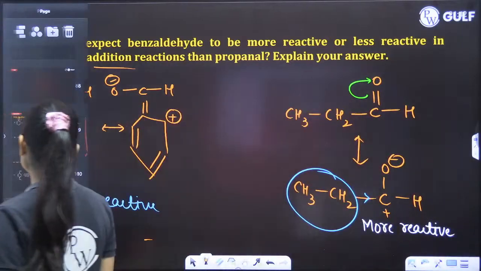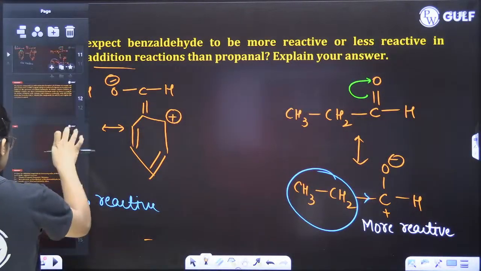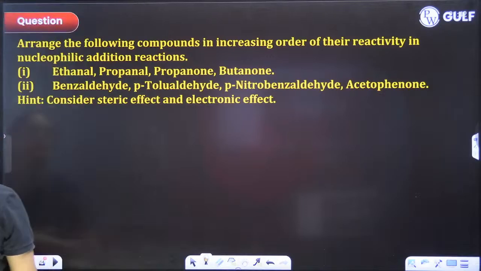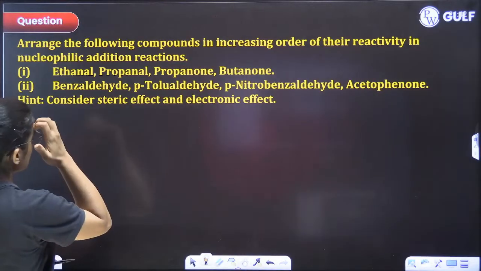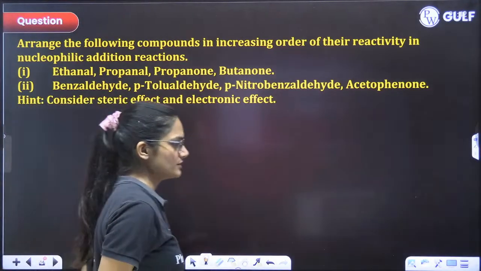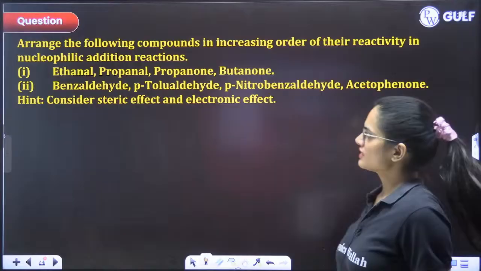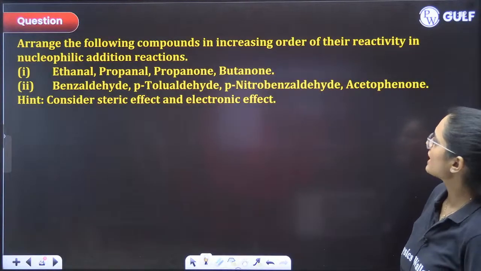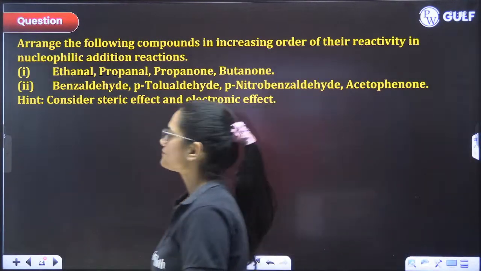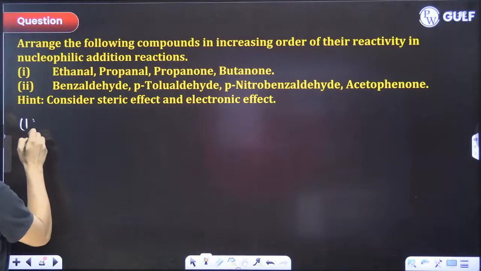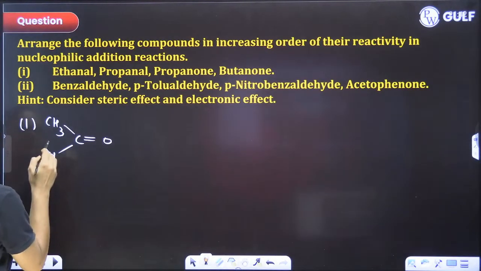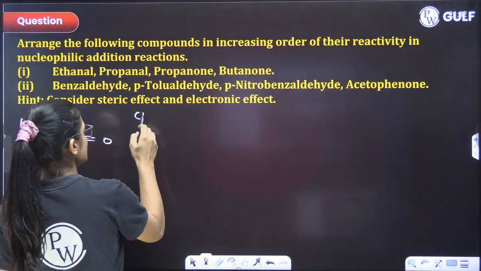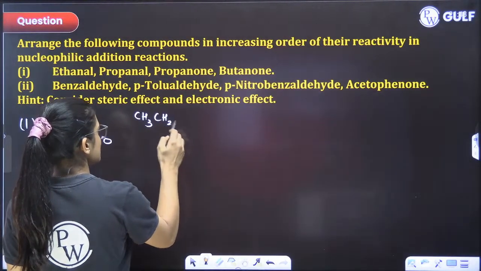All right, let's move ahead to another question. Arrange the following compounds in increasing order of reactivity in nucleophilic addition reaction: ethanal, propanal, propanone, butanone. Which one would be most reactive? Ethanal is CH3CHO. You have propanal, which is CH3CH2CHO.